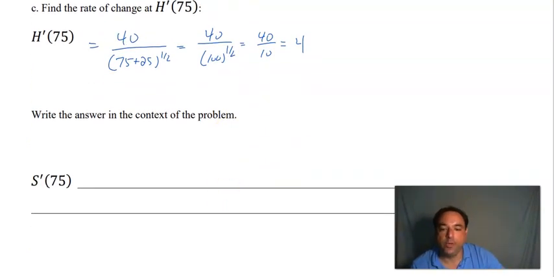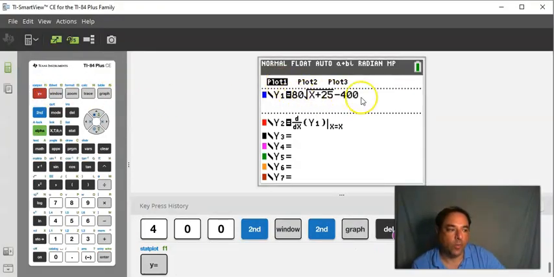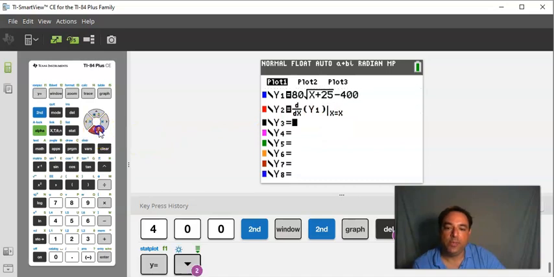So I'm going to go to my calculator, go to y equals. We have the original in y1. Remember, we do math 8, x, y1, x. If you have the other form of the calculator, it's y1, comma, x, comma, x. And then we're going to put our derivative in y2.